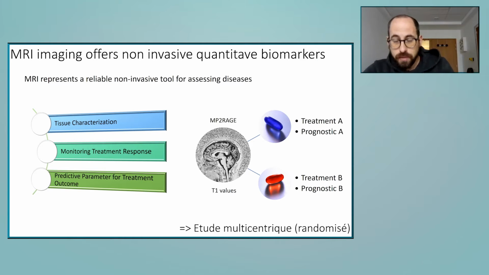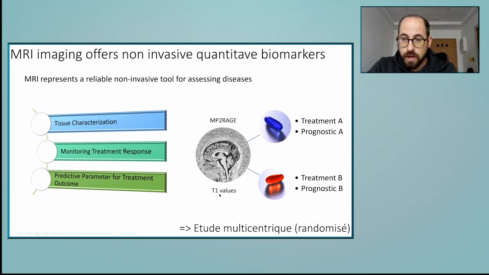And the idea is based on a typical sequence, whatever it is. I picked the example of MP2RAGE. You can get the T1 value. And the ultimate goal would be, based on the T1 value, to make a differentiation between a treatment A and a treatment B. So for doing that, you need multi-center studies, and you have lots of variability.